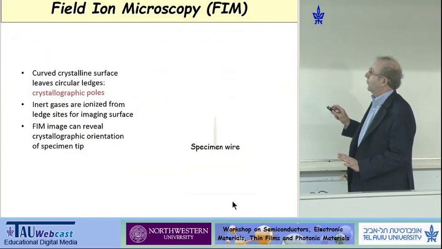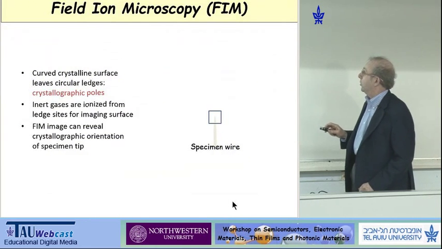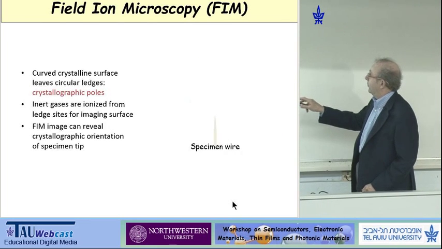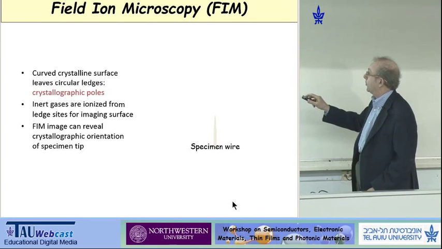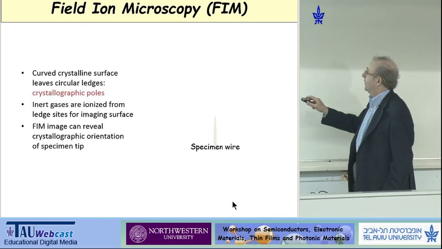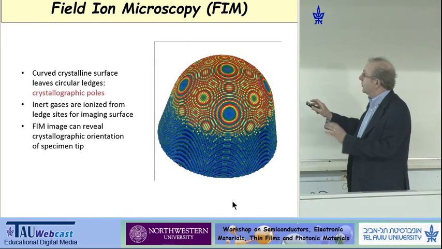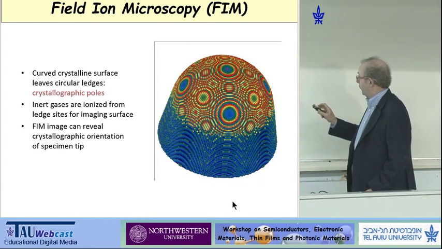So here is field ion microscopy, kind of in a nutshell. This is a wire, a specimen, sharply pointed, with a nano radius, and now this is a simulation of a field ion microscope tip.